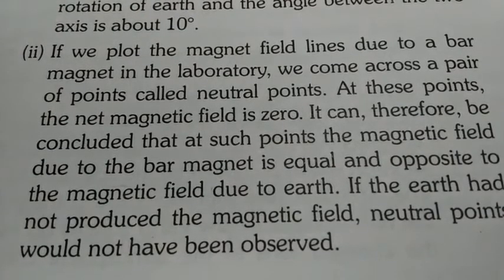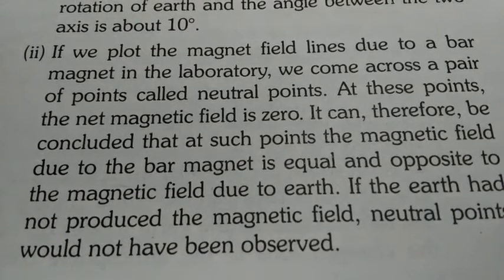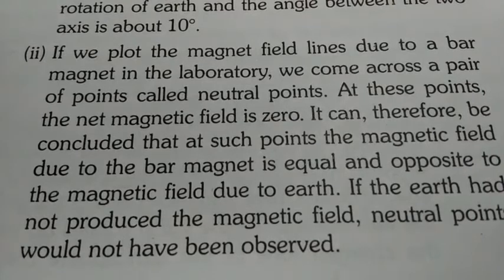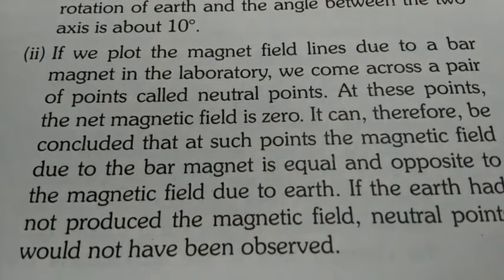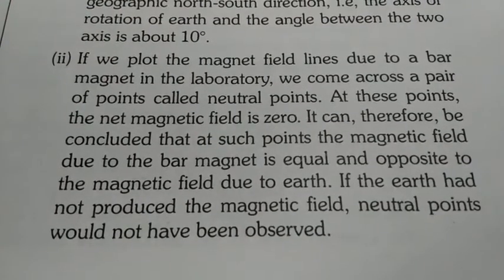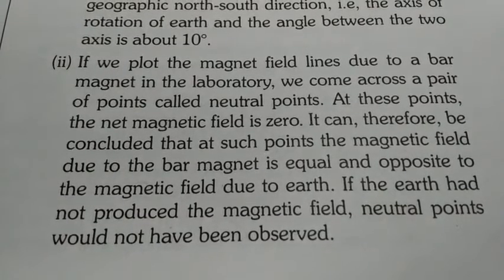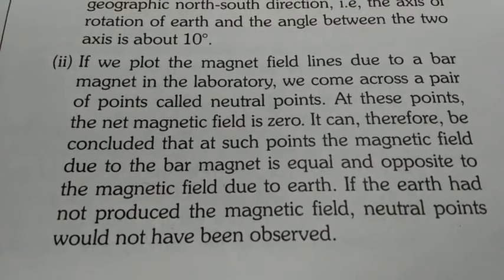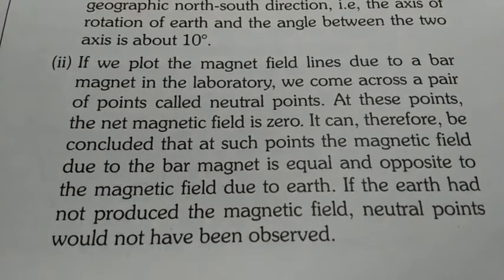Those field lines are there because of the presence of some magnet. So where is that magnet? That magnet is Earth itself. Because if Earth did not produce any magnetic field, we would not get the neutral points.